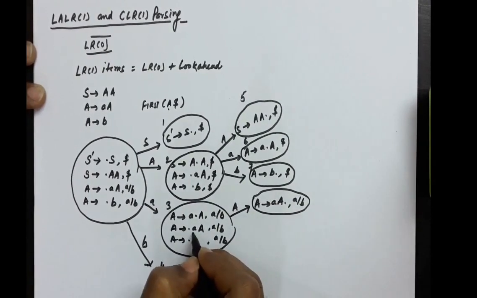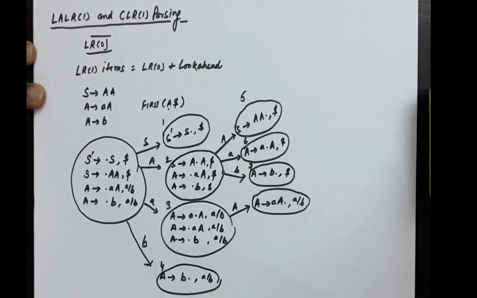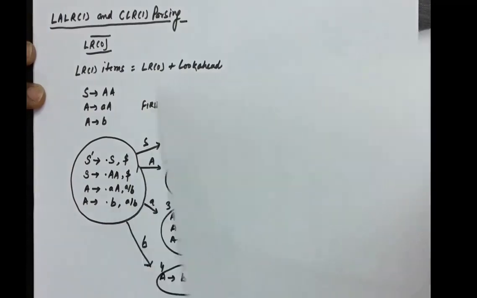Now if you take a small a, with the small a, what will happen? With the small a, you just see that what will happen with this small a transition.